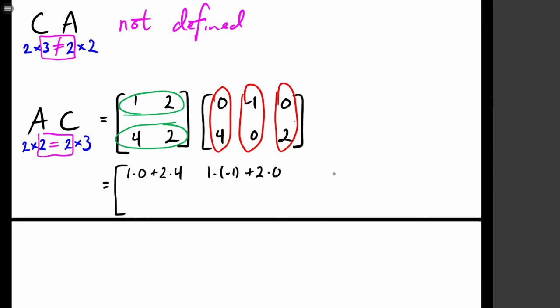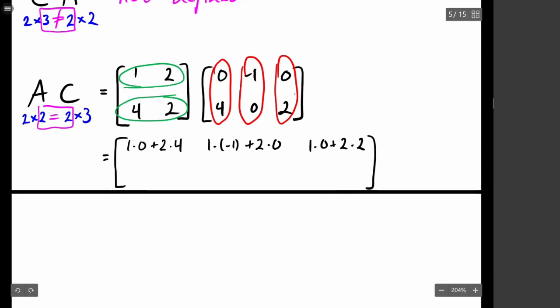And then row 1, column 3 is 1 times 0 plus 2 times 2. Okay. And now we're in row 2, so we're going to use row 2 of the first matrix for everything. Dot product with all 3 of these. So 4 times 0 plus 2 times 4. 4 times -1 plus 2 times 0. 4 times 0 plus 2 times 2.